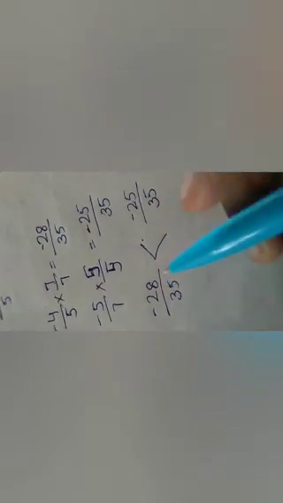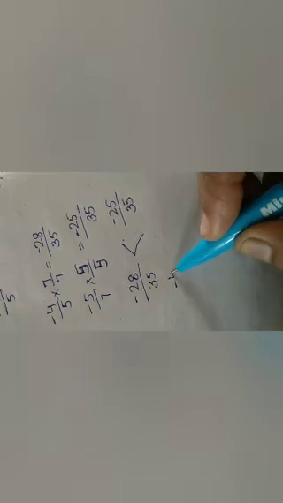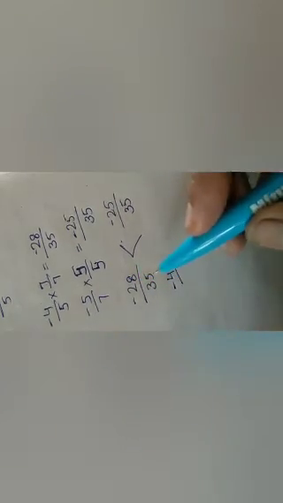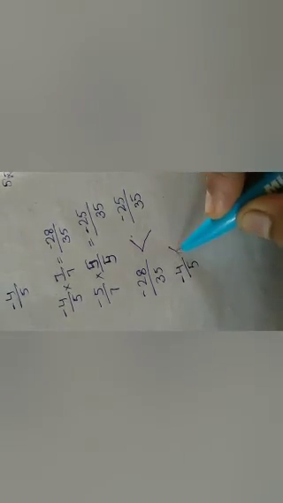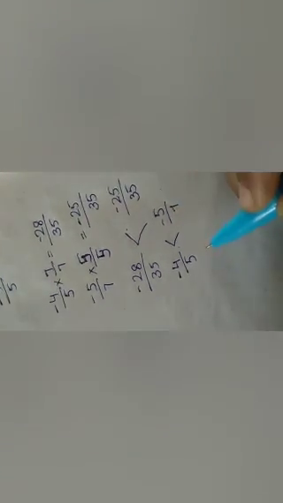Here negative 28 by 35 means negative 4 by 5, which is smaller than negative 5 by 7. Likewise, you compare all the other rational numbers and find out the answer for this.